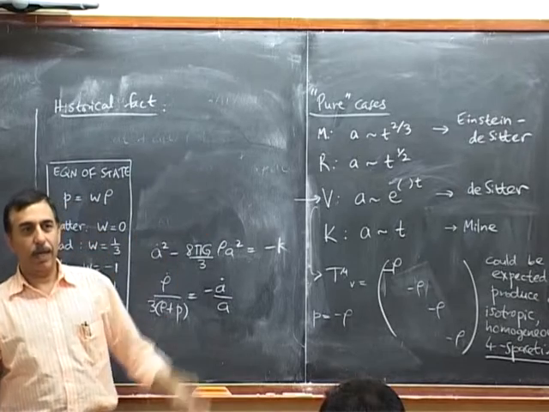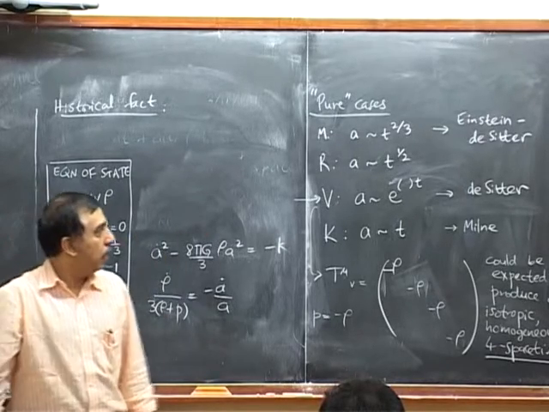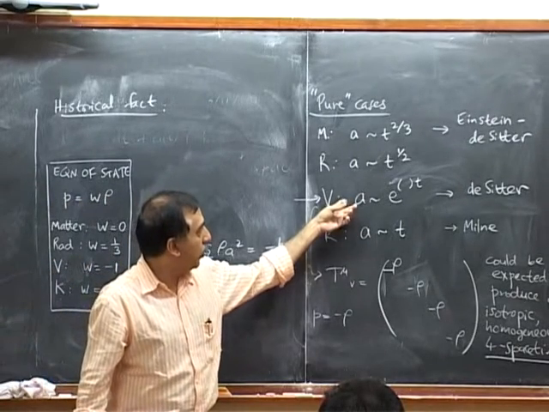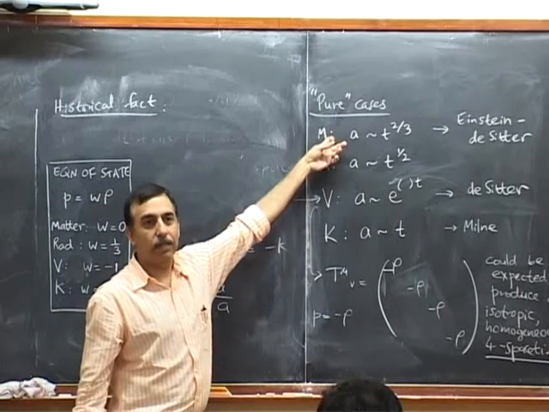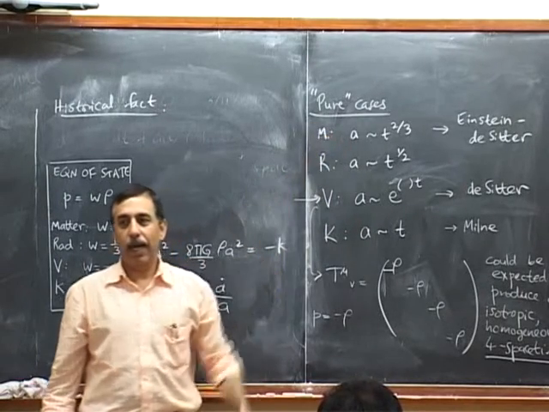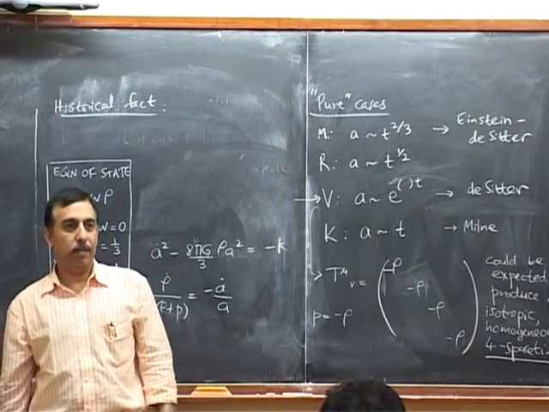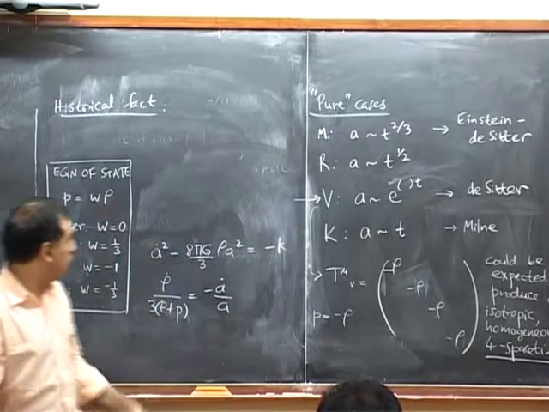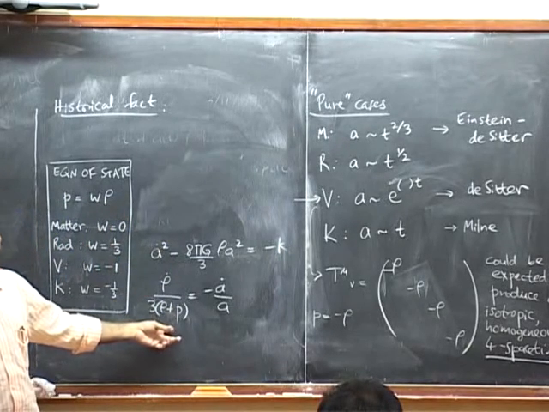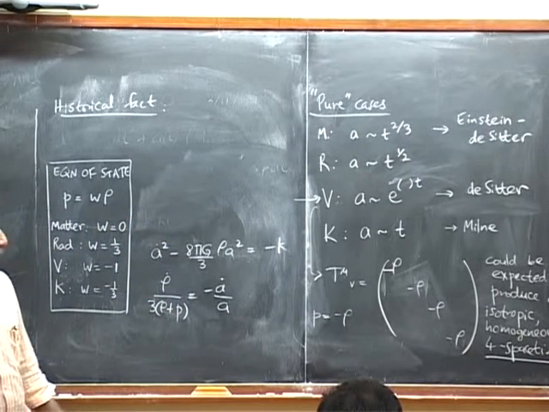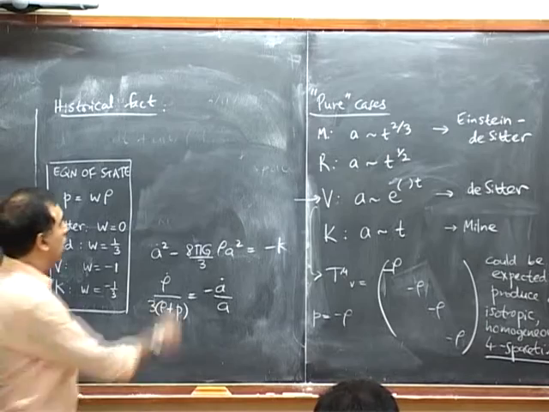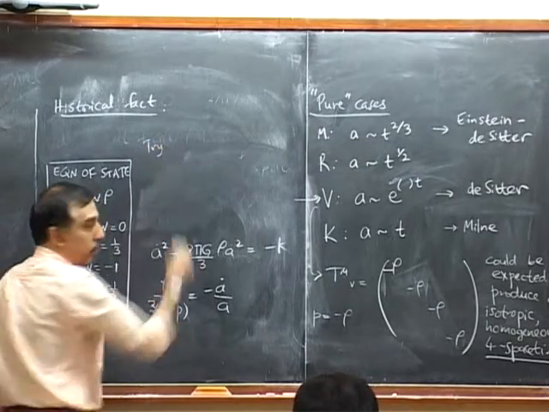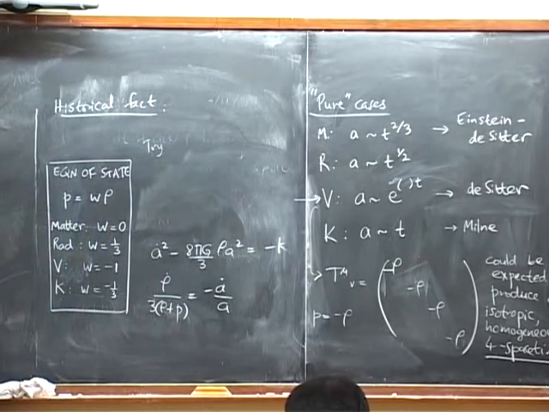It's an ad hoc term, you can add it with any coefficient. And then let me hope that the vacuum energy plus matter-dominated universe has a solution where A of t is constant. We can simply do that by putting A dot equals 0 in these equations and seeing what you get. So let's try matter plus vacuum energy.